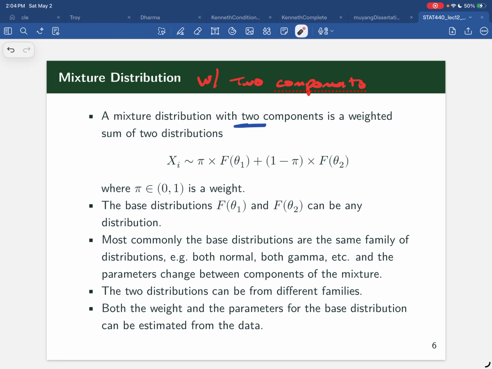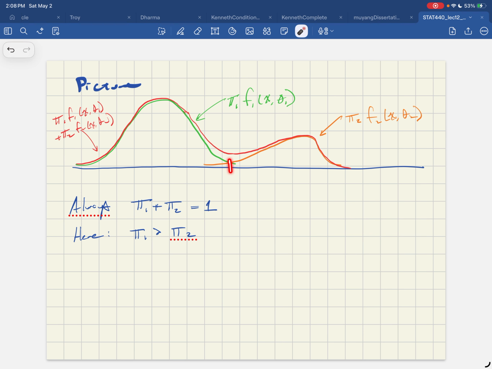Let me say it this way. You could imagine a draw of this value arising from the green distribution or the orange distribution. It could come from a coin flip that resulted in heads, which means we're drawing from the green distribution, but ended up way in the upper tail.